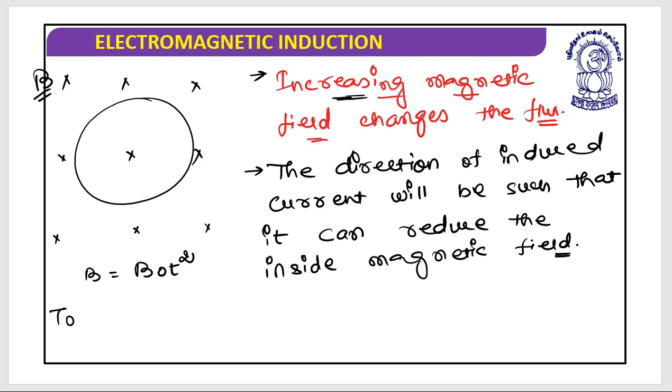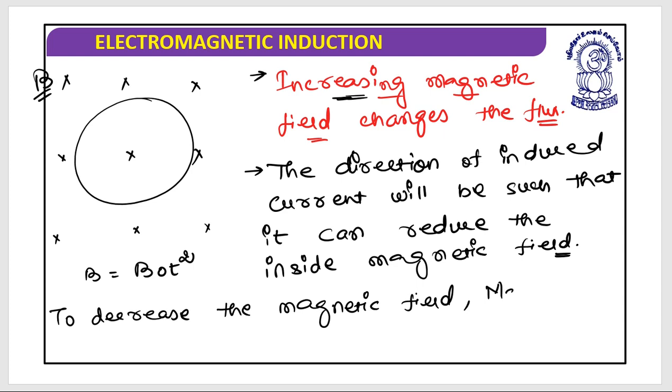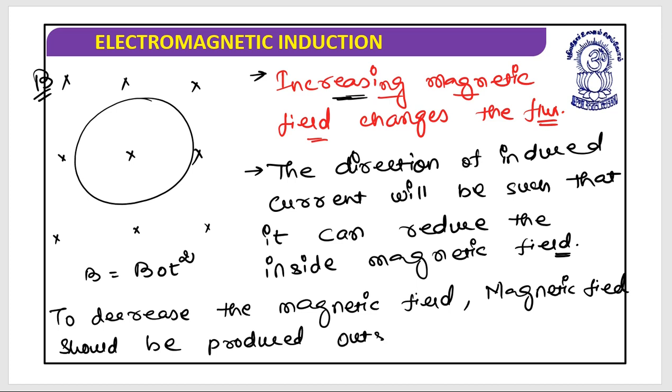So to decrease the magnetic field, a magnetic field should be produced outside the plane of the paper.